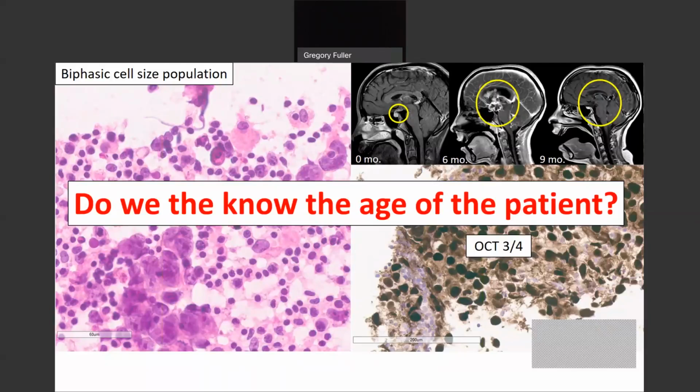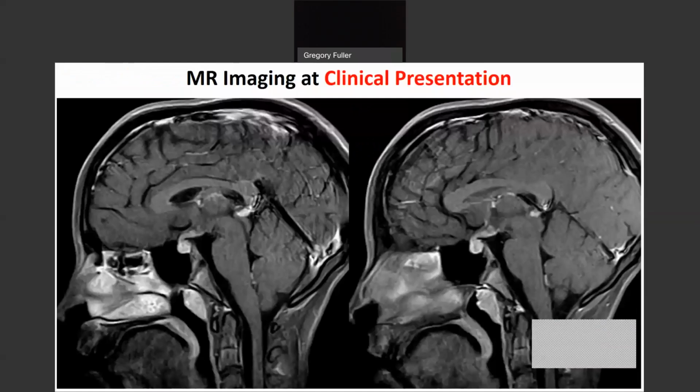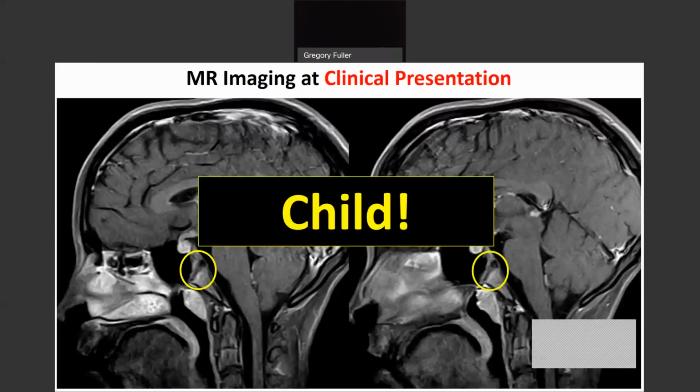Yes, Dr. Gilbert got it. Here we go. Yes, it was in the first data slide. There's the age of the patient right there. What is that? That is the age. That's an unfused sphenooccipital synchondrosis. It's unfused on both sides. It's a child. All right, do I know the birthday? No, I don't know the birthday, but I know this is a child probably younger than 10 years old. That's how I knew. That was a piece of data.